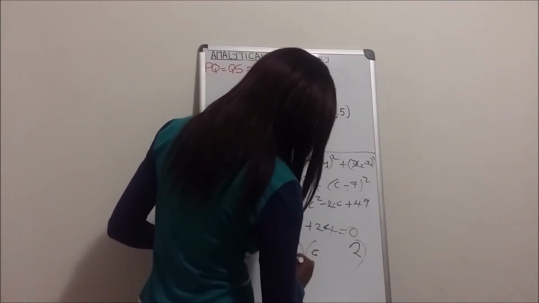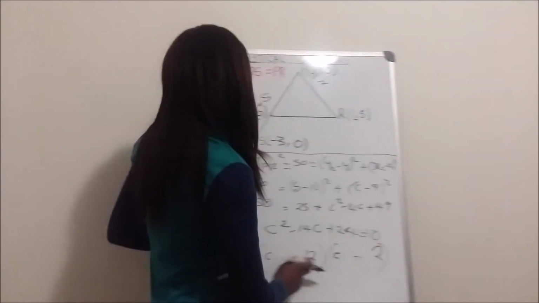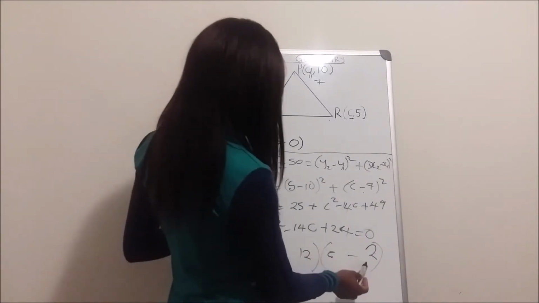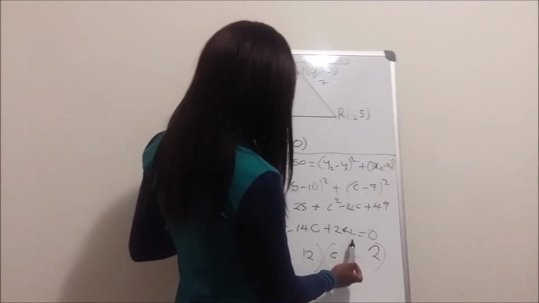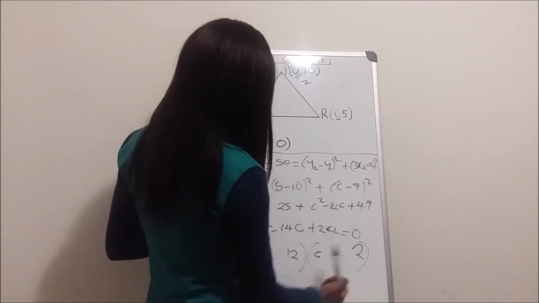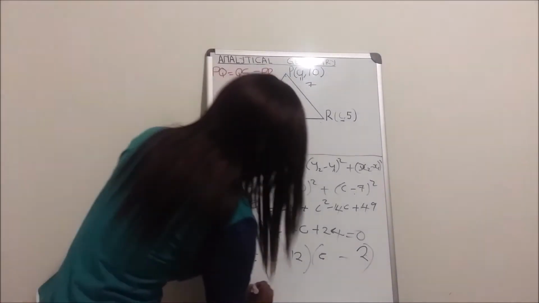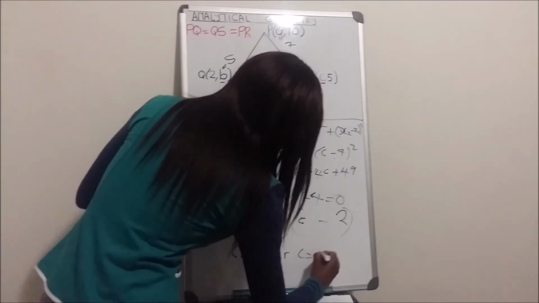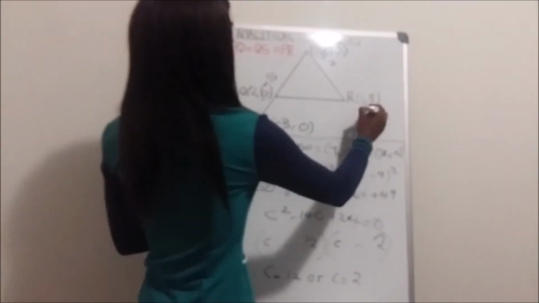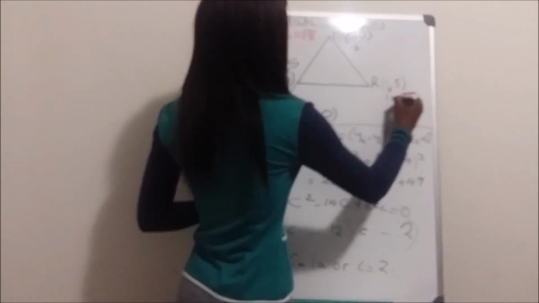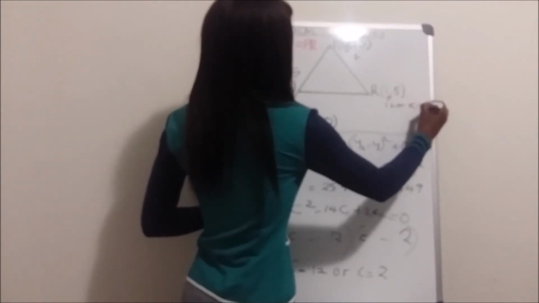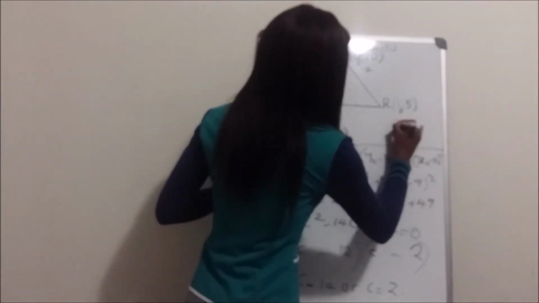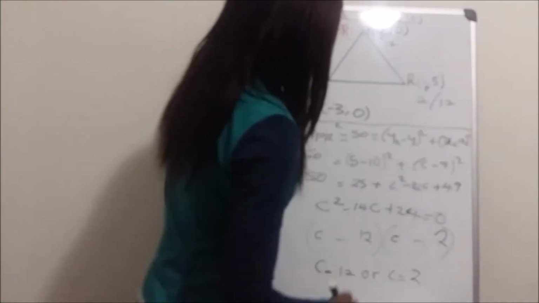Let's use 2 and 12, negative and negative. 12 and 2 will give 14, and 12 multiplied by 2 will give 24. That means that c is equals to 12, or c is equals to 2. Our c here is either 12 or 2. All right, let me start with the smaller number, 2 or 12. That is the value of c.